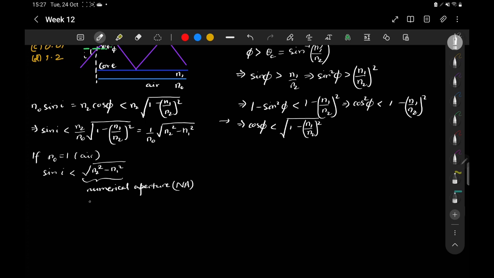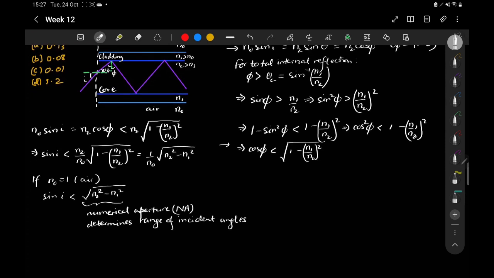And this basically determines the range of incident angles. Because I is the incident angle entering into the fiber, this incident angle should satisfy this inequality.